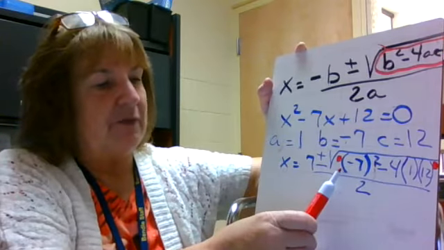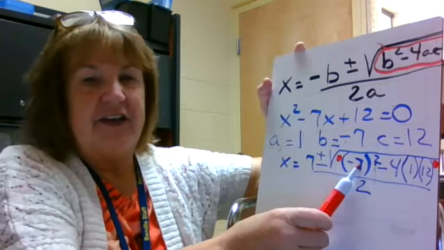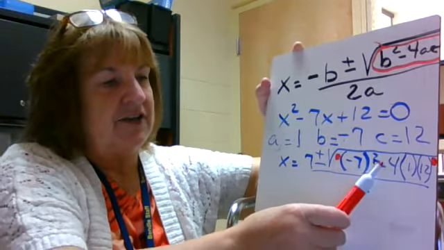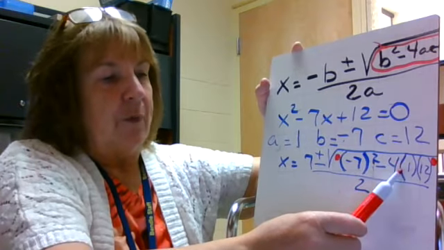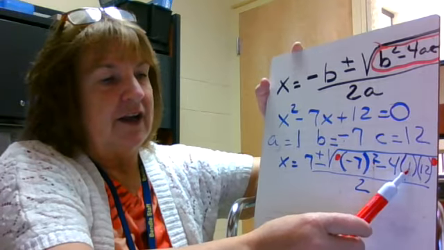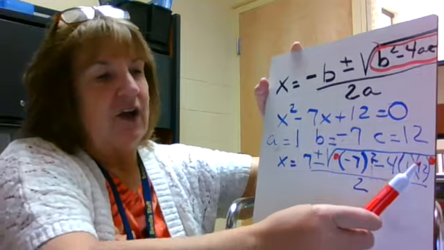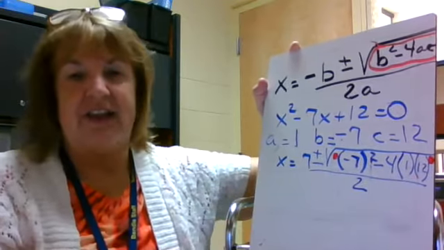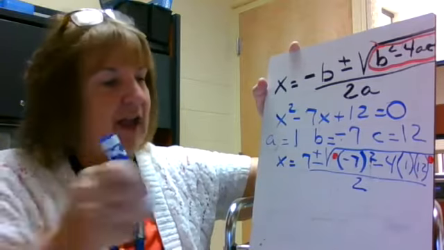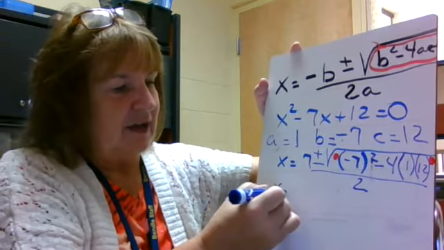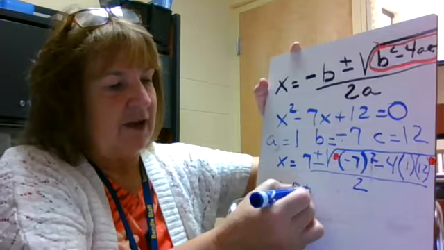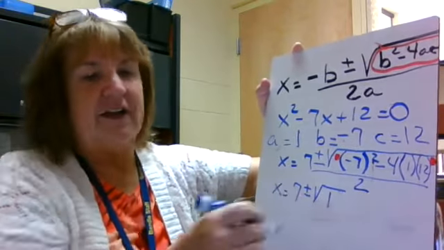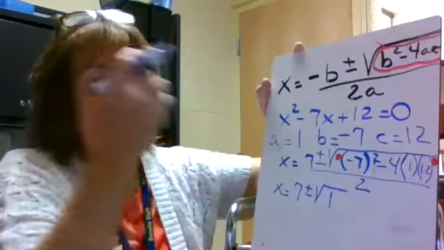So you're going to type in parenthesis, -7, close the parenthesis, square, minus 4, open the parenthesis, 1, close the parenthesis, then open another set of parentheses, and 12, and close the parentheses. And then you're going to push enter. And when you do, I'm going to write down the rest of the problem. You will get the number 1. If you put this in correctly, you'll get the number 1.